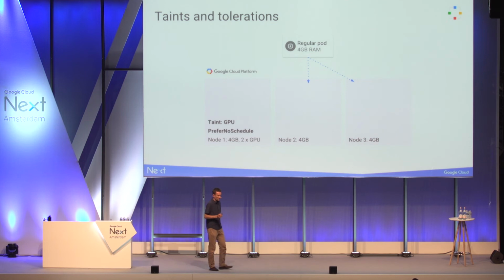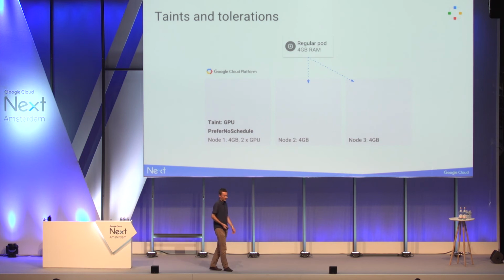Well, we can solve that with something called taints and tolerations. So this is quite simple, really. We can label our GPU node with something called a taint. So it's marked that it has a GPU. And we use this expression, PreferNoSchedule, which just means it's going to repel everything that comes its way.